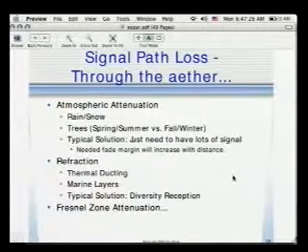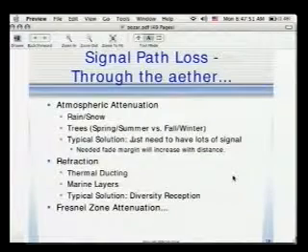With that, a lot of people will try to put diversity antennas. In other words, they'll put one or two antennas, or two or three antennas, up a tower to try to compensate for that. The refraction will bend the signal up and down as it gets to the receive end. So if you have a very tight beam width antenna, you may have to put multiple antennas there to be able to cover it.